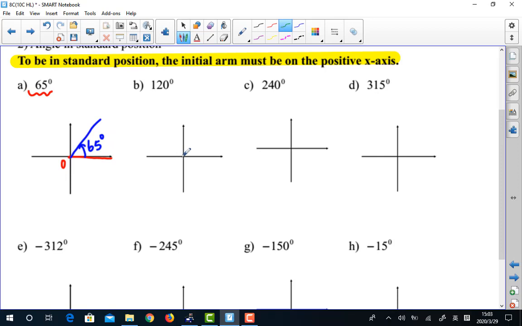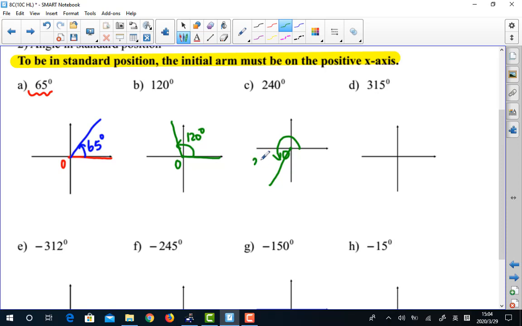120. Place the vertex of this angle at the origin. Initial arm is here. Then I rotate counterclockwise 120 degrees. This is a positive 120. Likewise, 240. We rotate the terminal arm starting from the positive x-axis 240 degrees.